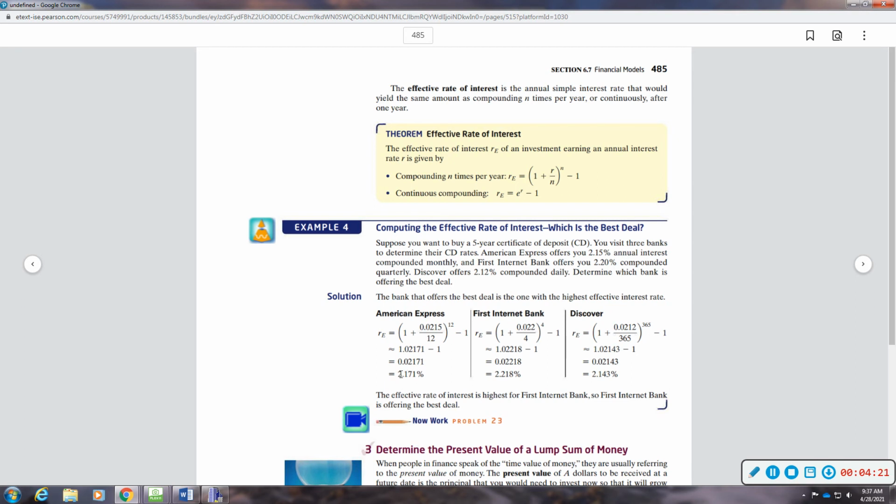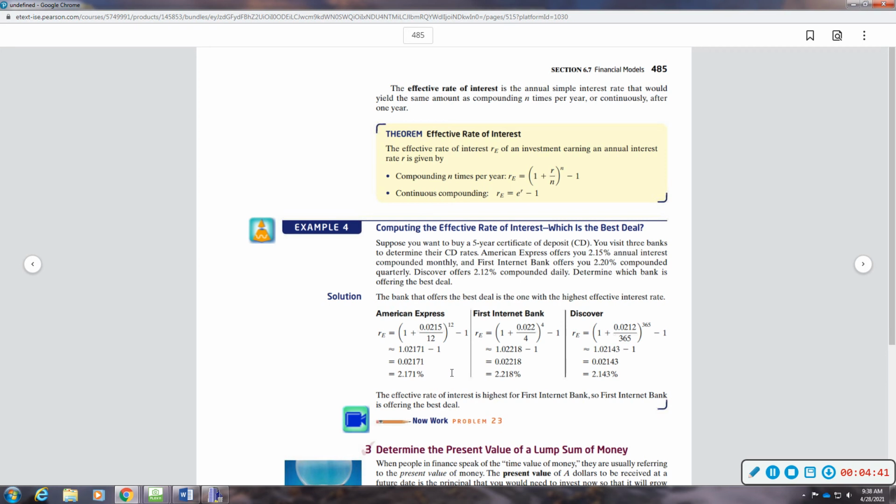So this one gives you about 2.17 when you express it, so that 2.15 actually gives you a little bit more. The 2.20 effective interest rate gives you slightly more, 2.21, and then the 2.12 gives you 2.14.